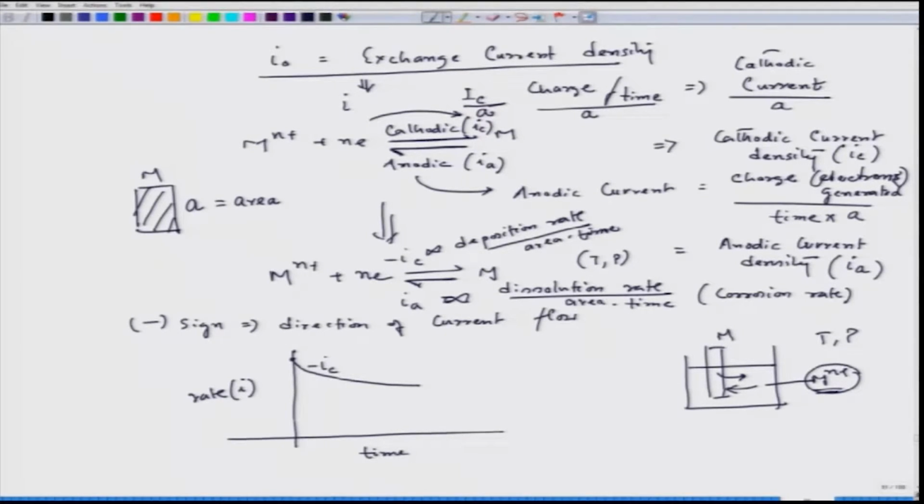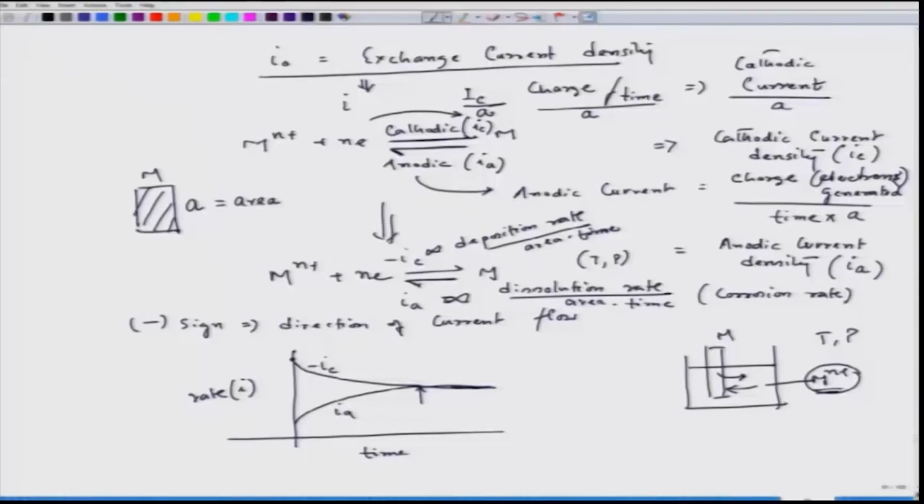Now, the opposite current would also start immediately after putting the metal into the solution. So, this is IA, and after reaching the same value they will maintain that value if we do not disturb the solution: if we do not change the temperature and pressure, the metal surface quality is the same, and the solution is the same.